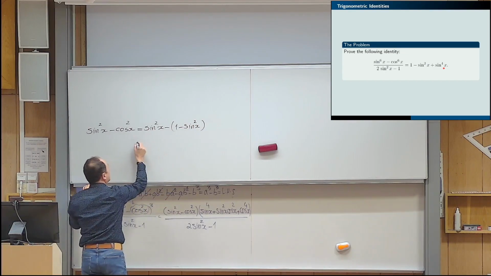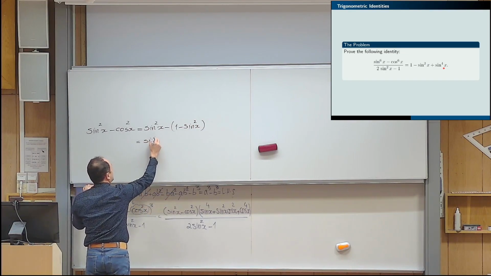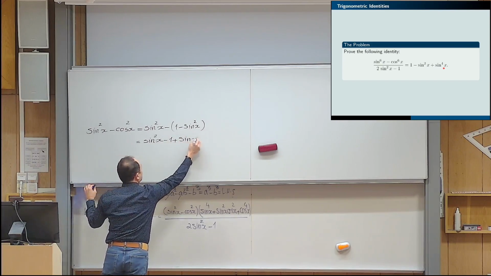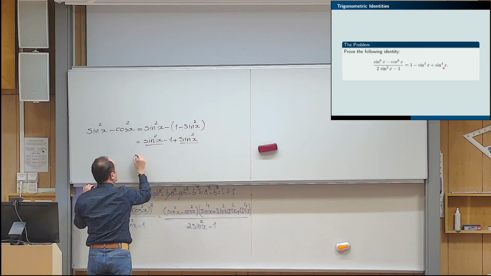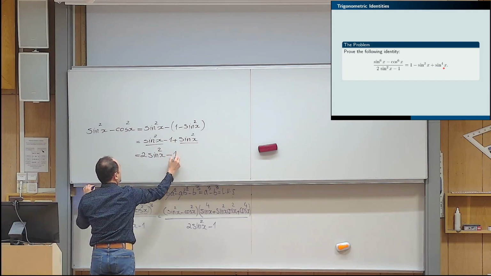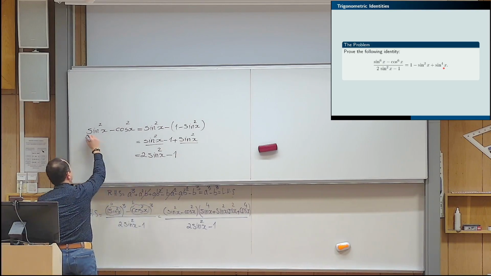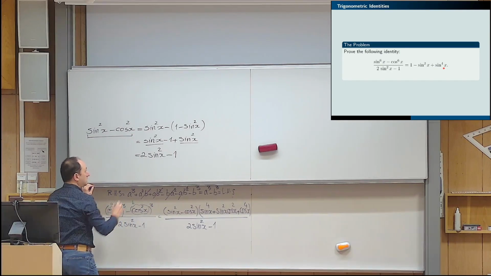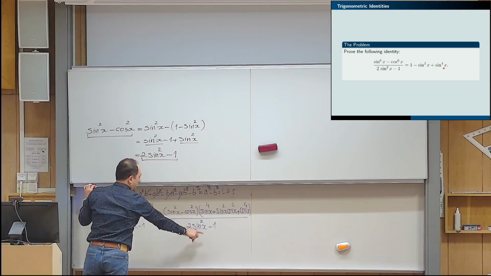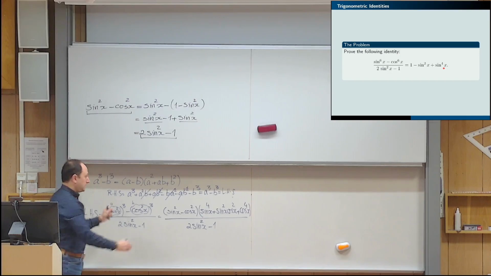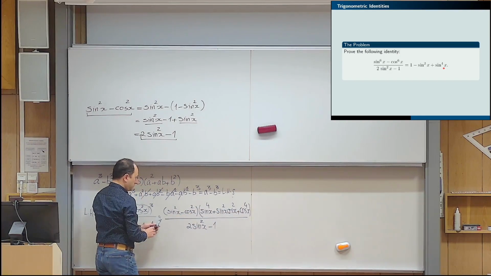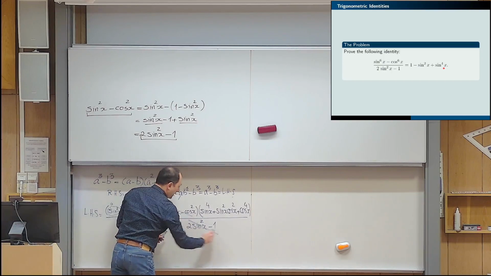If I remove the pair of brackets, this becomes sine x squared minus 1 plus sine x squared, and then these combine, so this becomes 2 sine x squared minus 1. So you see that there is no difference between this expression, which appears in the numerator, and this expression, which appears in the denominator. And that is also in factorized form. So this is a common factor, so the common factor can be cancelled out.